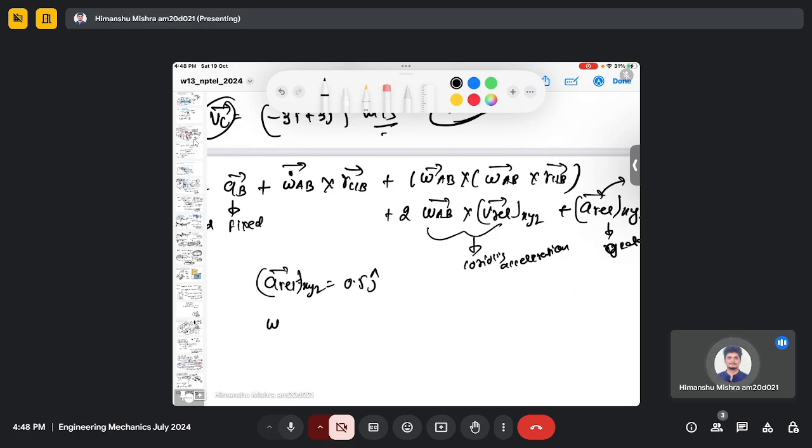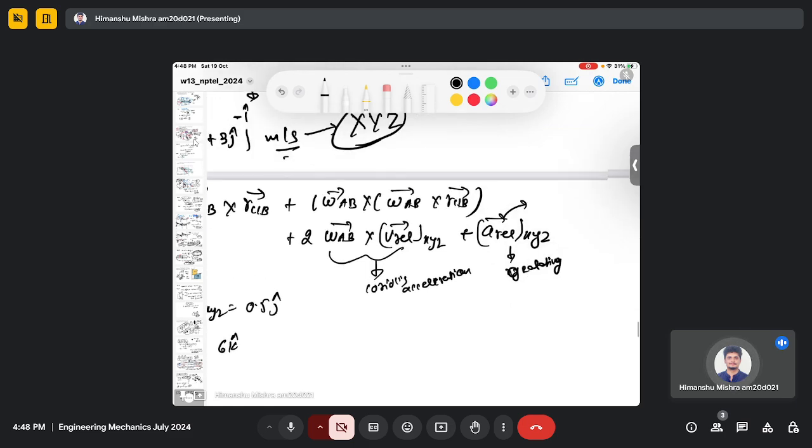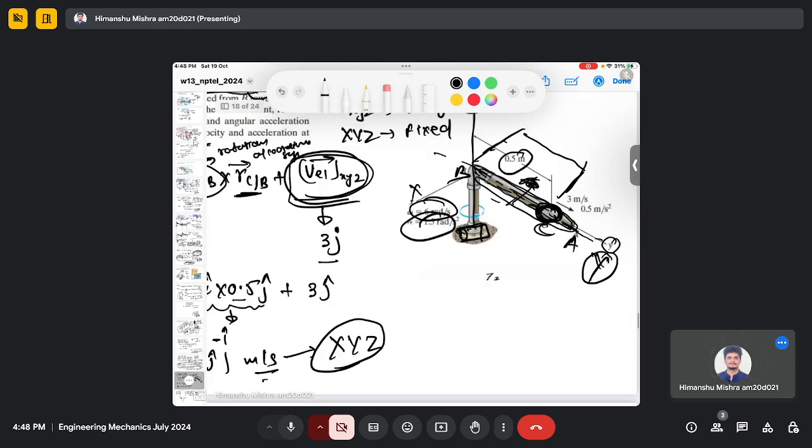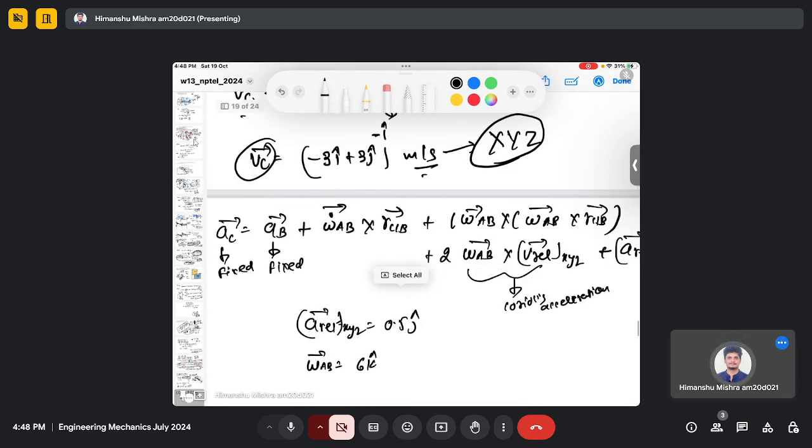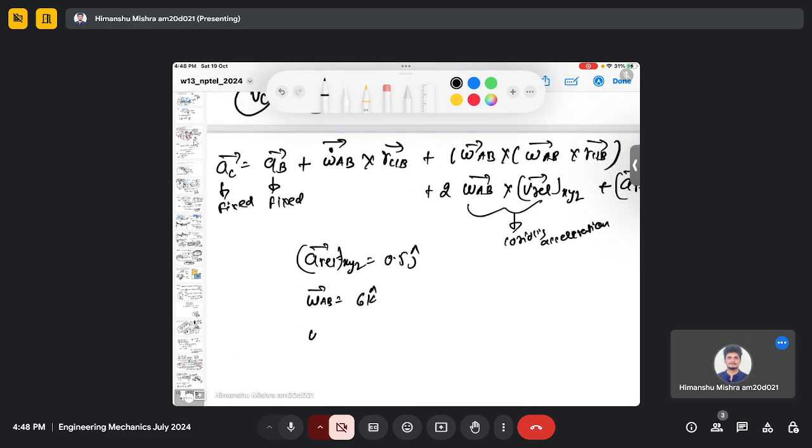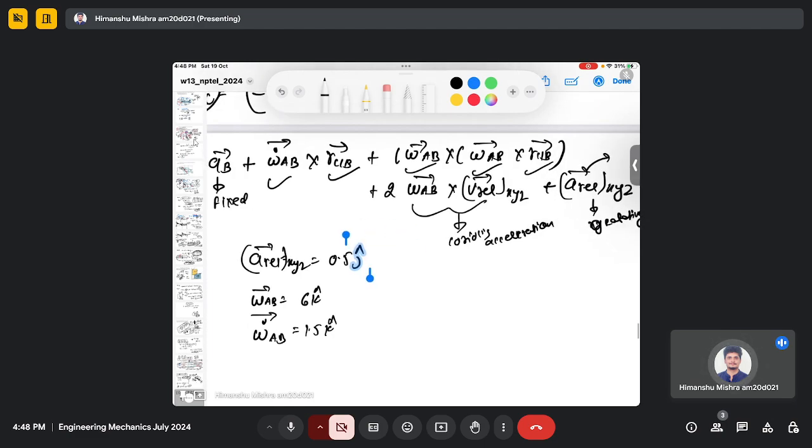We have given the angular velocity, which is 6k, and the angular acceleration, which is 1.5 rad per second square, which is omega dot AB, 1.5 k. So we know all the quantities which are required in this expression.